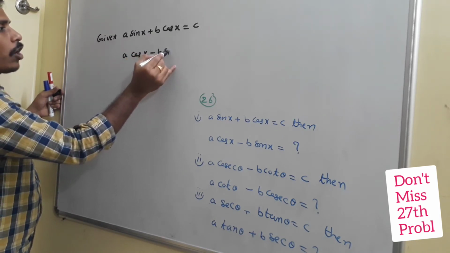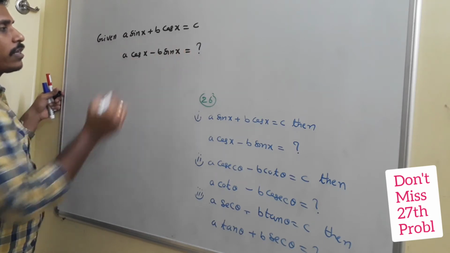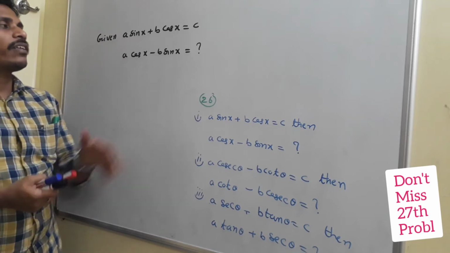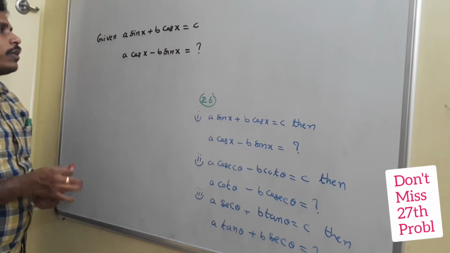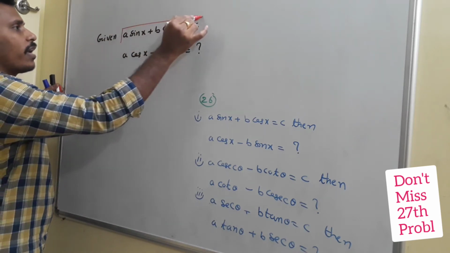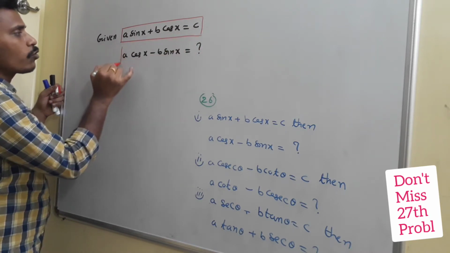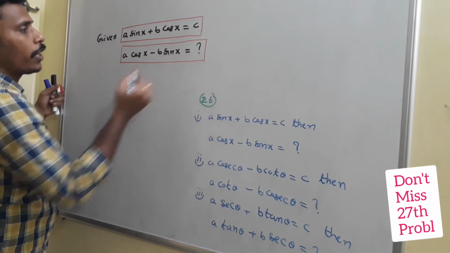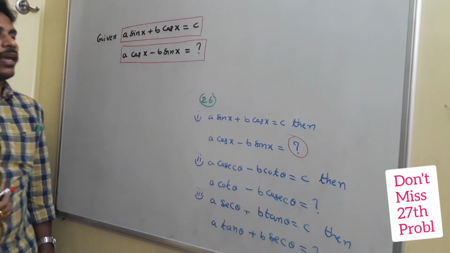a cos x minus b sin x is equal to, we need to find, for instance let it be a question mark. We need to find the value of the question mark in terms of a, b and c, and how to solve? Just have a look at this. I have 2 things. The first thing is as given, a sin x plus b cos x is equal to c, and the second thing is a cos x minus b sin x is equal to the question mark, and you need to find its value in terms of a, b and c.